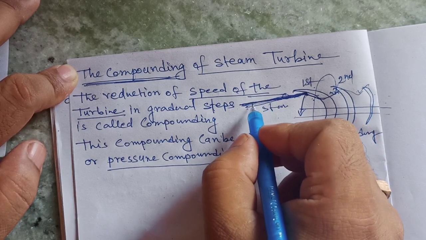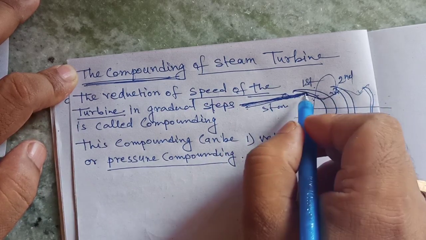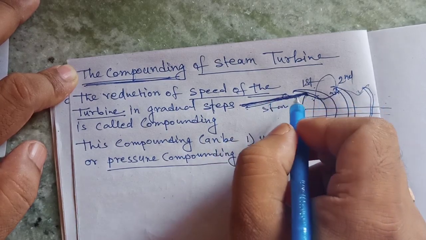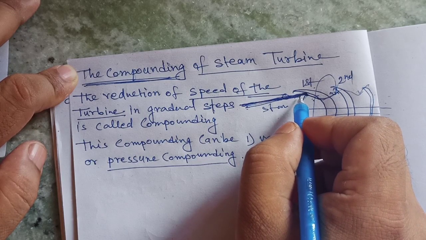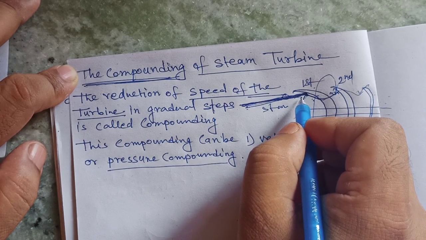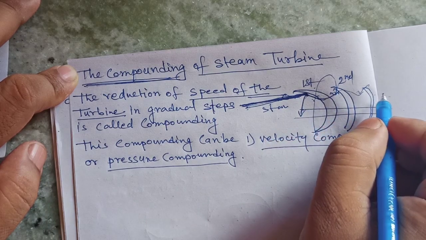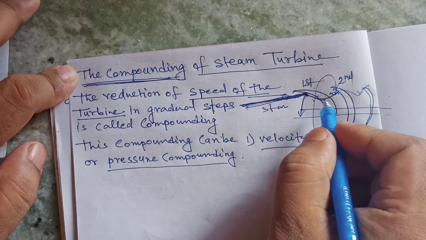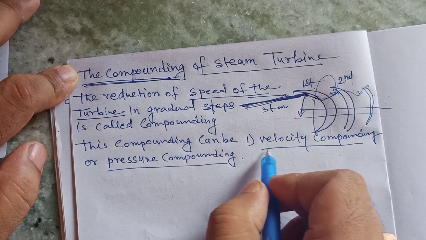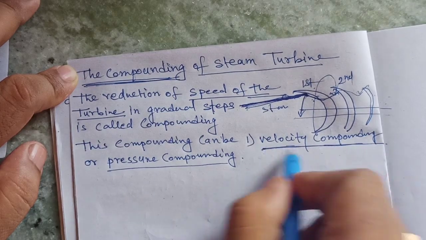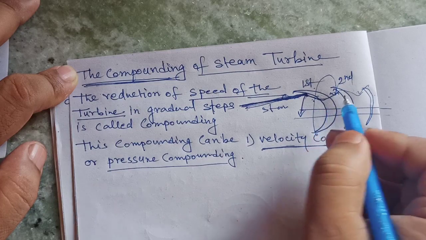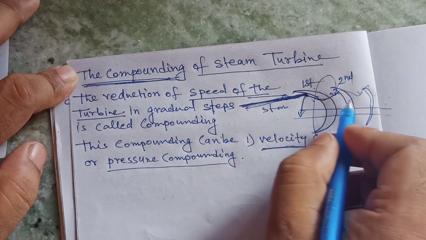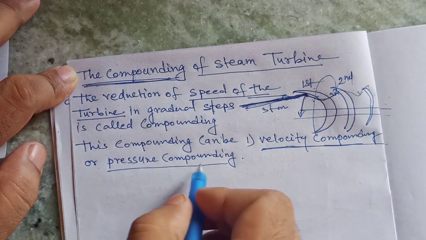Now the steam which is passing through these rows of blades has some pressure and velocity. This pressure can be reduced in gradual steps or velocity can be reduced in gradual steps. If the velocity is reduced in gradual steps, then this type of compounding is called velocity compounding. If the pressure is reduced in gradual steps, then this type of turbine is called the pressure compounding turbine.